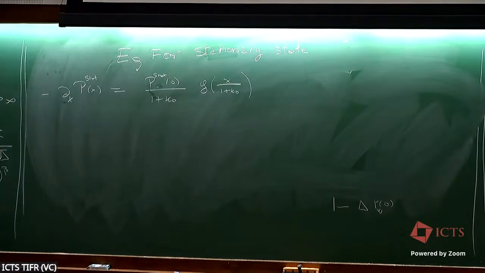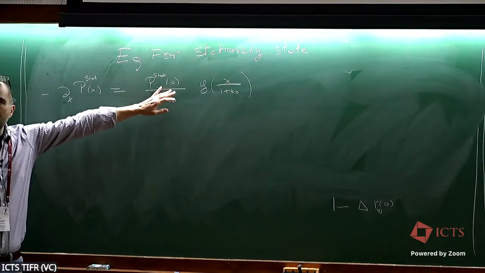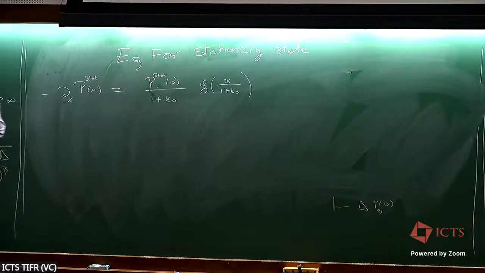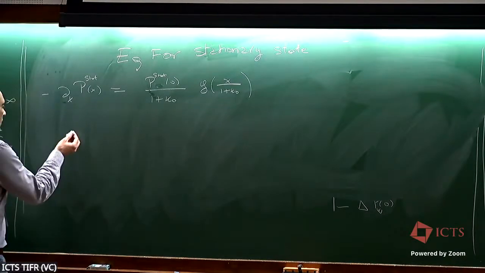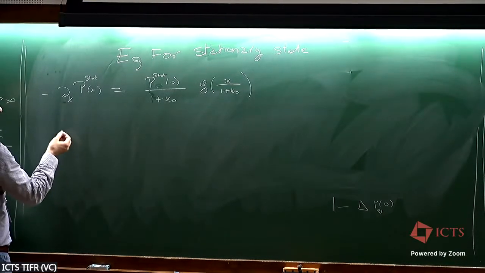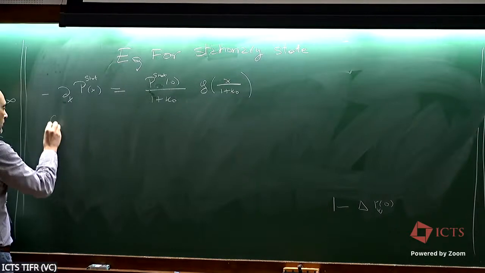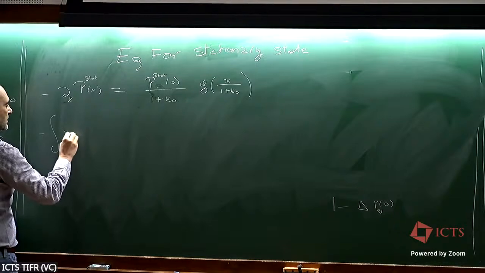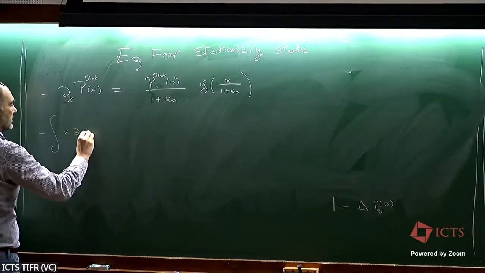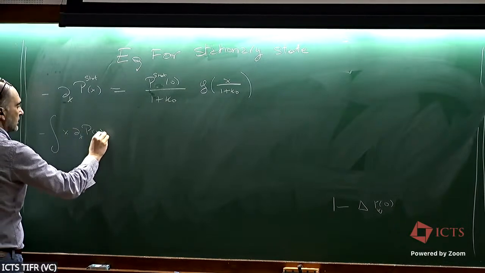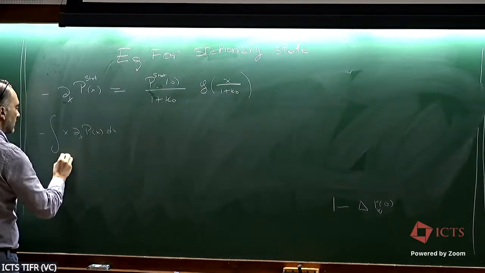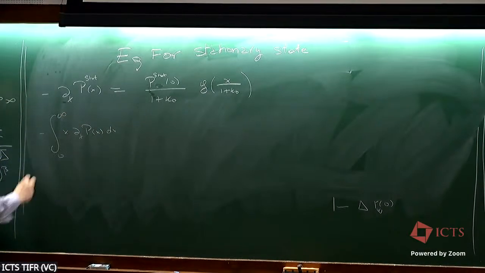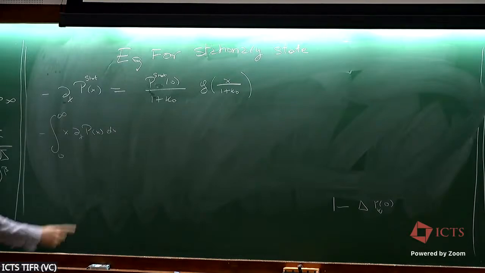So you have to fix the value of P0. To do that, you can observe that if I take minus the integral of x dx px from 0 to infinity, I can use integration by parts.